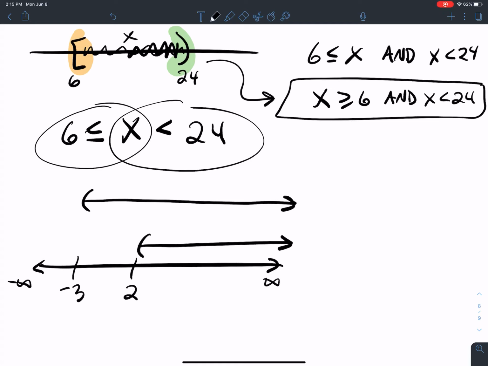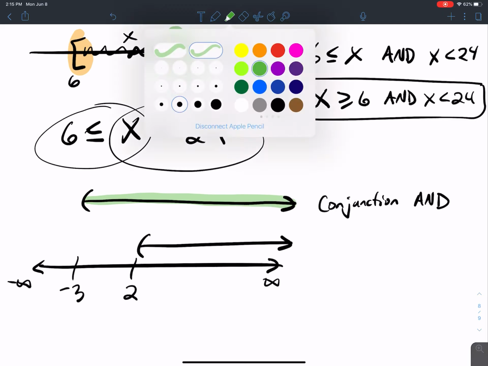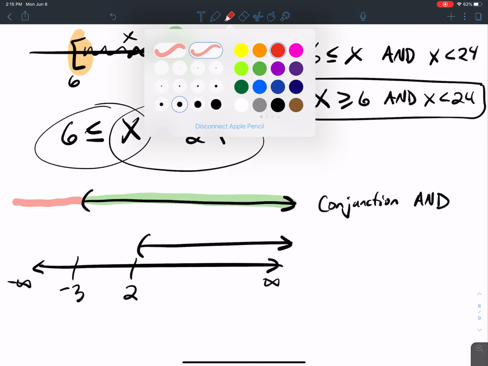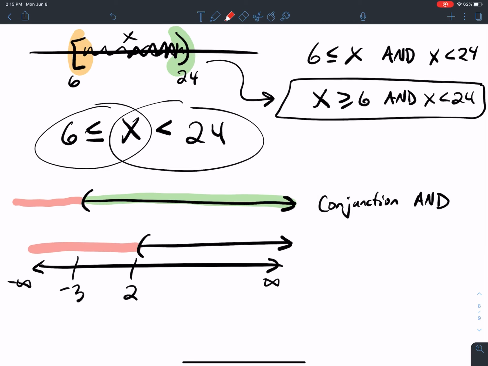Now, if this is an and statement, it's a conjunction, and then what is my graph? Well, it's true here, but it's not true there. This one's not true here, but it's true here.